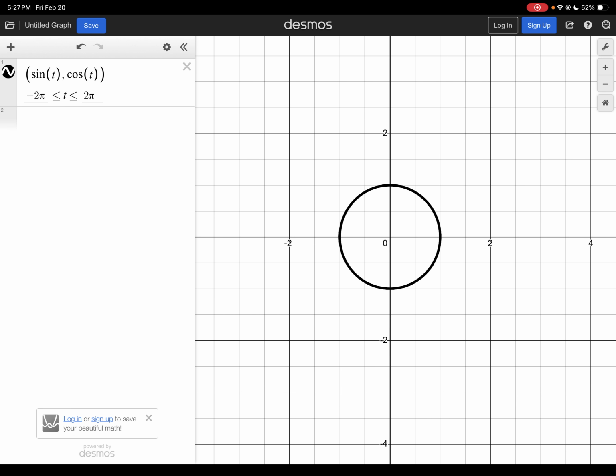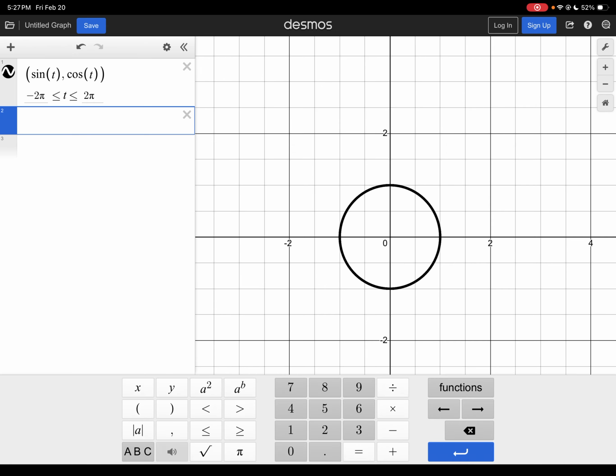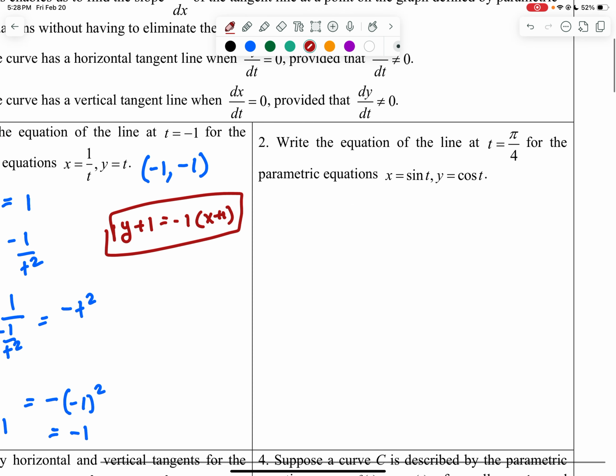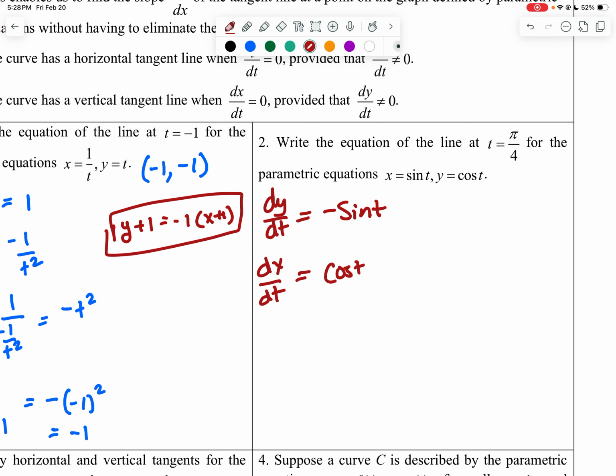Of course, remember that the goal of this lesson is to not try and eliminate the parameter and do it with the parametric equations. So in this case, what we're going to do here is figure out what dy/dt is, and that's just going to be negative sine of t. Figure out what dx/dt is, that's going to be cosine of t.